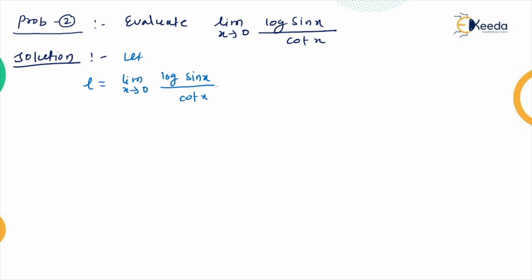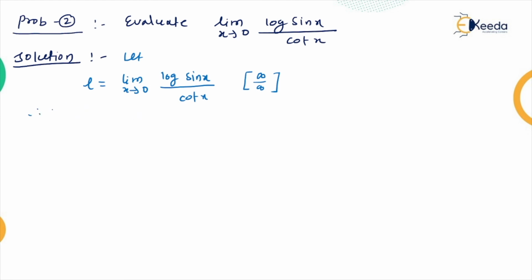You have to observe this. When we apply the limit as x tends to 0, it becomes an infinity by infinity form, because with x replaced by 0, cot 0 in the denominator is infinity. That's why the form is infinity by infinity. So therefore we have to apply L'Hospital rule.